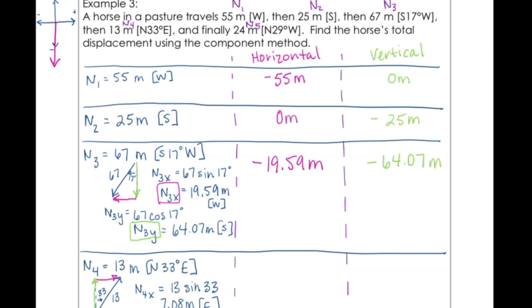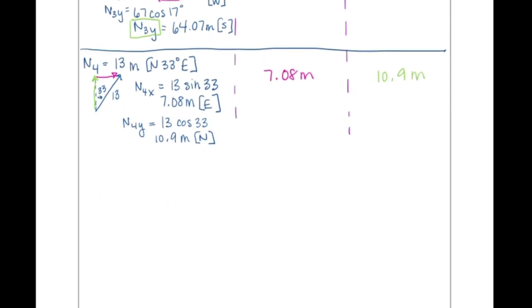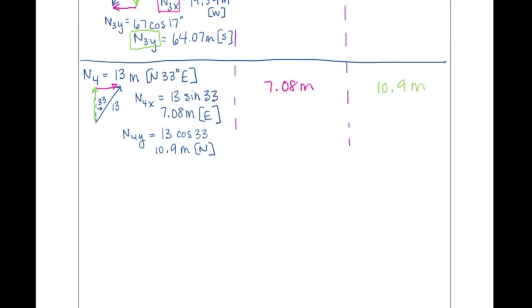Okay, so when we break it into our different components, our horizontal is going to be a positive because it's in the eastern direction, 7.08. And then our vertical is going to be a positive because it's to the north, 10.9 meters. Okay, and then our last vector that we have is N5.